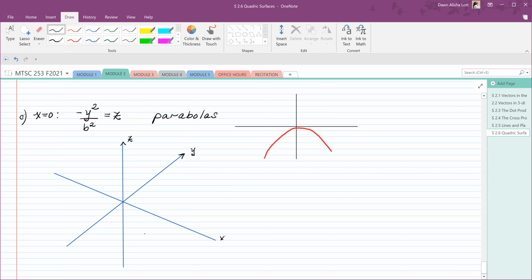Okay. So in the ZY plane, I have parabolas going down like this. And in the ZX plane, I have parabolas going up like this. And then in these other planes, I have hyperbolas that look like this.